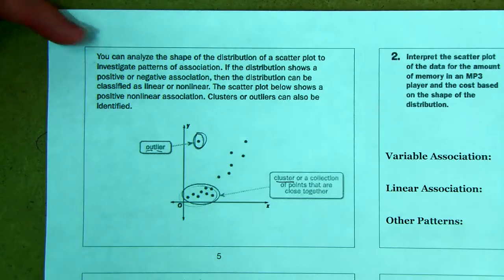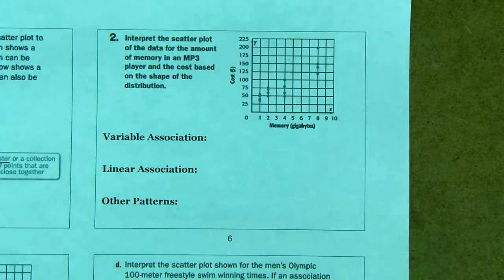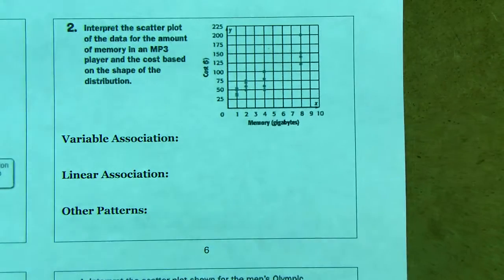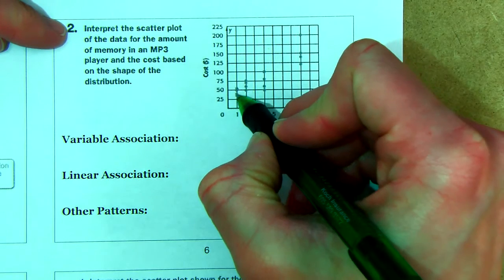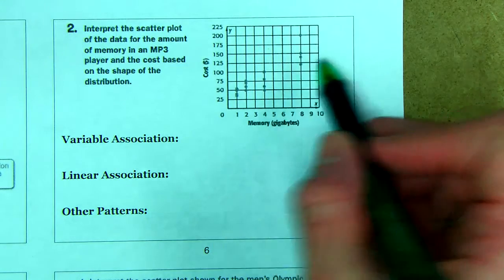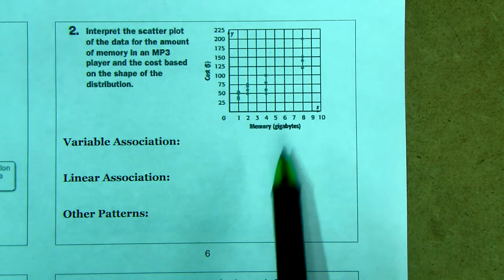Okay, so let's talk about that. Here is a more realistic scatter plot. I hope you guys can see the points. If not, look at your paper. We got a couple points right here. Notice the points are all on the 1, the 2, the 3, the 4, and the 8, because what are we talking about? We're talking about the data for memory in gigabytes and the cost. So you guys are pretty fresh with most of this stuff.